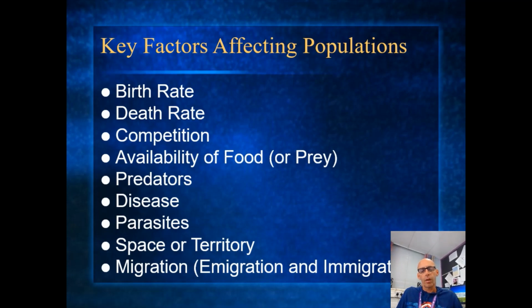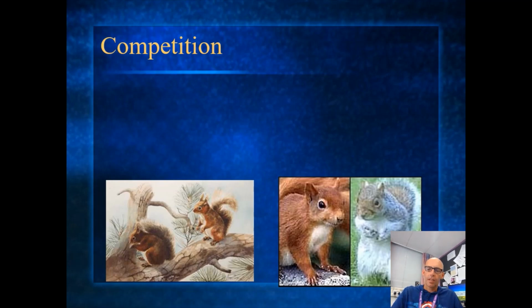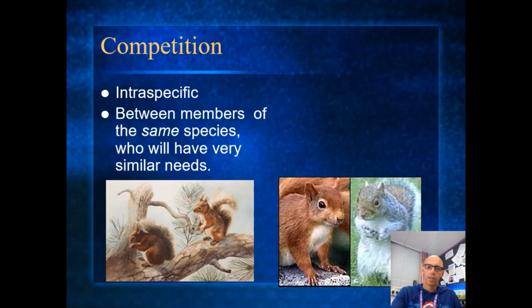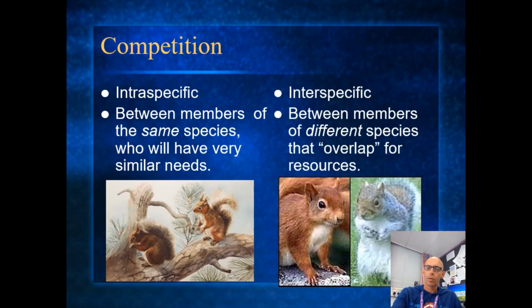So for some of our birds in this country, some species migrate here in winter, and they're in competition with our birds who are here all year round, but maybe just during the winter, and then during the summer they're not competing. And as I said, with competition, you can have it between members of the same species or between different species.